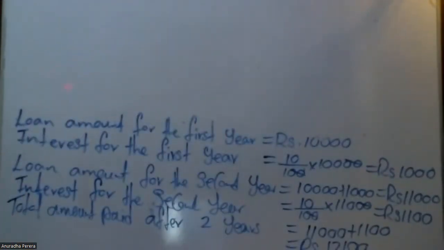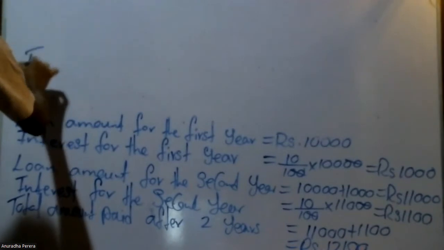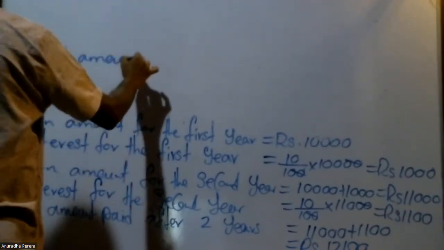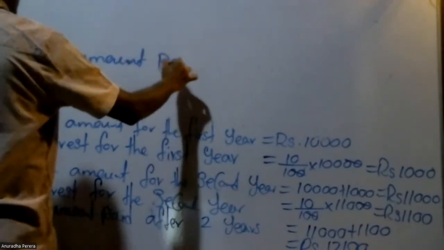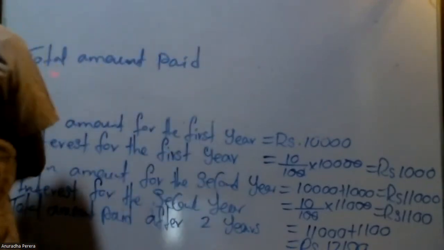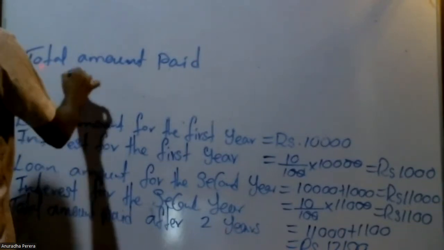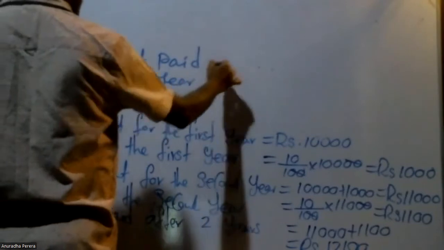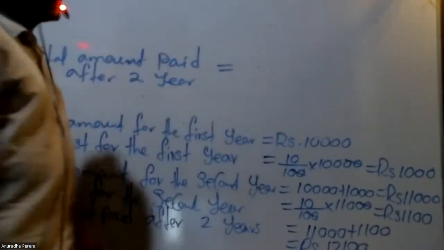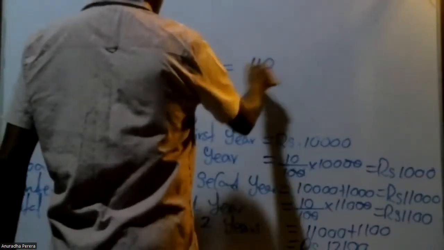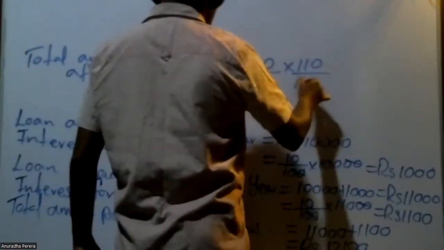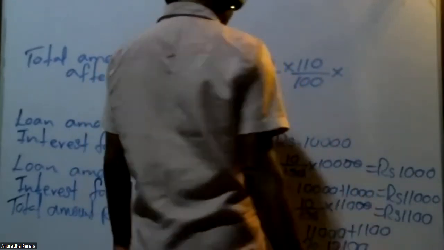Right? The total amount paid after 2 years can be determined using steps. Directly you can find it as 110 over 100, because the interest rate is 10%. 110 over 100 into the loan amount, 10,000.